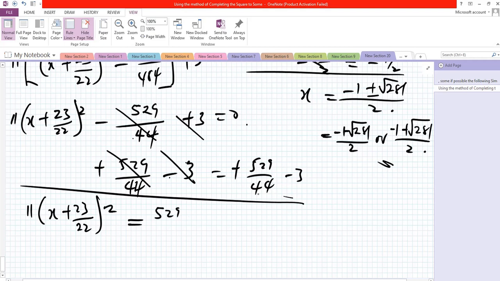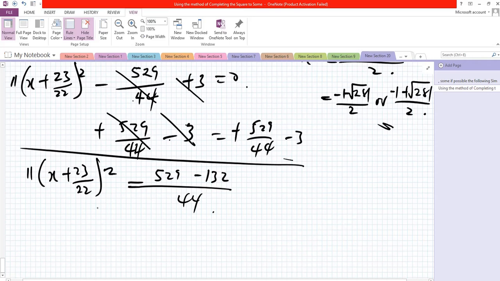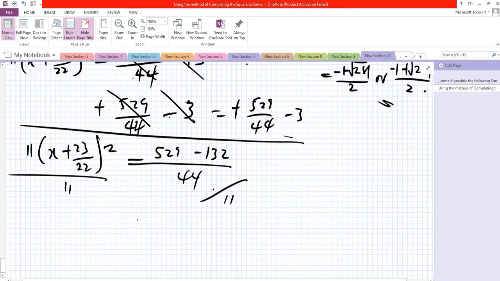So 3 times this should be minus, so okay, 12 times 3 is 12. That's 132 all over 44. Now divide all through by 11.